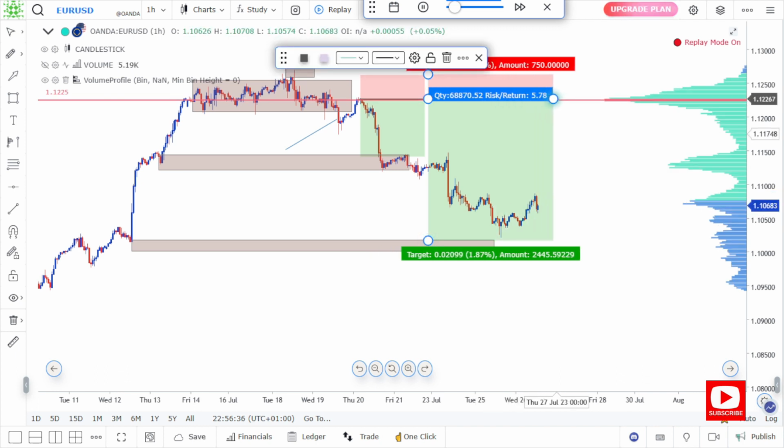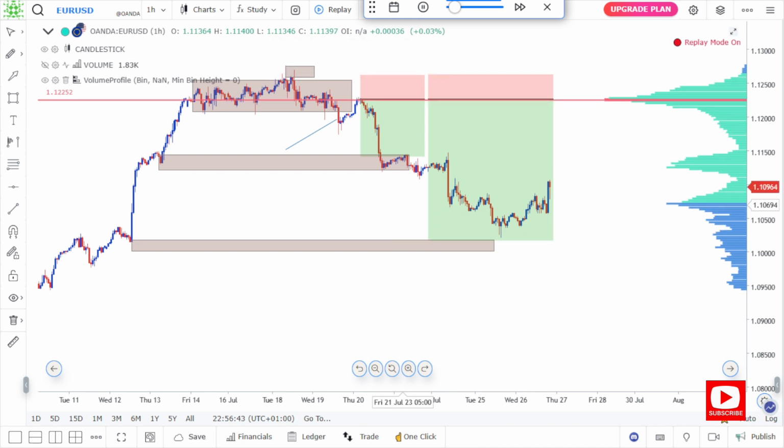Now when most traders see price almost reaching their take profits and reversing on them, they feel so afraid and they leave the market, which is one very bad thing to do as a trader. Trust your trading plan, trust your trading strategy, and you won't regret it in the long run. There is still a lot of volume in the market and I still expect price to go down.